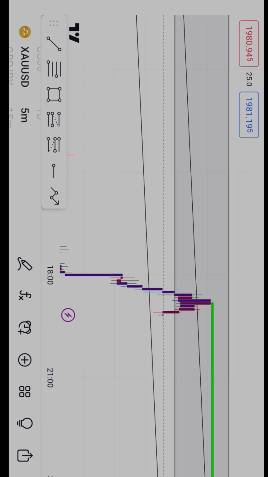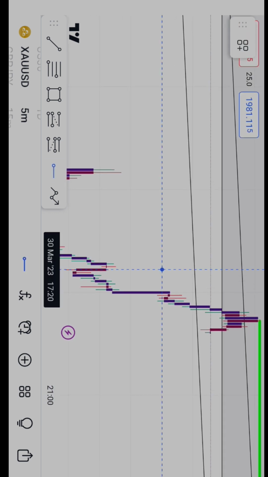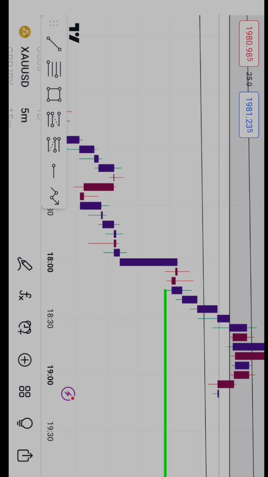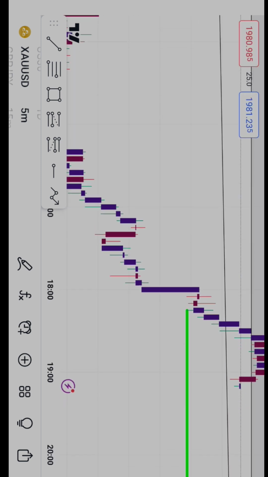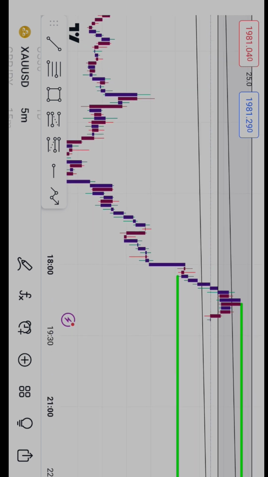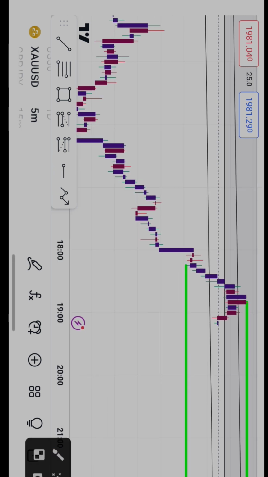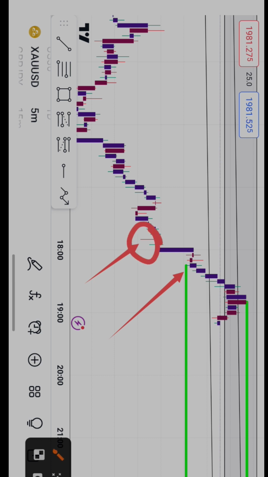Now for my sell entry, I will wait for price to break the higher low. Why do we call it a higher low? Because, let me show you, this low is higher than this low, as well as this low is higher than this low.